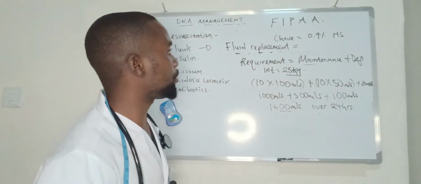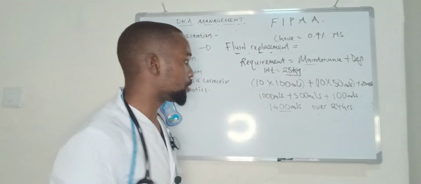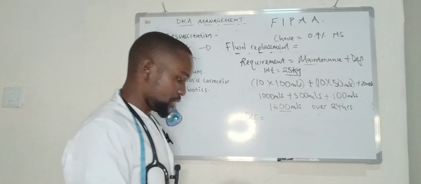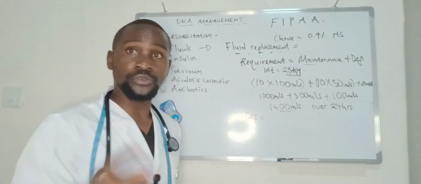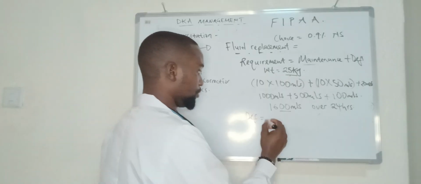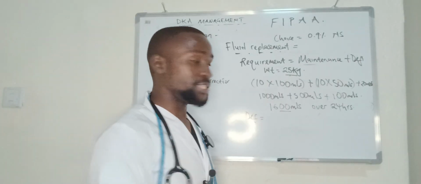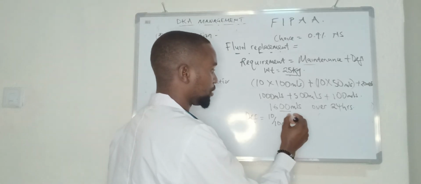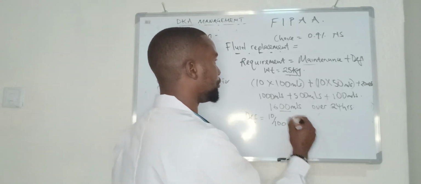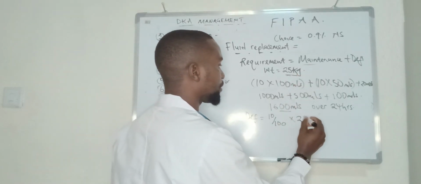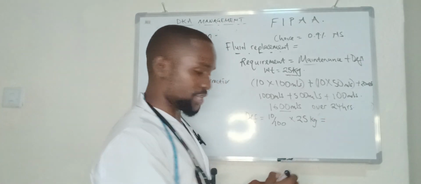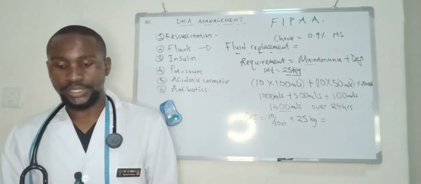But what is the deficit? Because the formula is maintenance plus deficit. For deficit, we say percentage dehydration, which we've said is 10%. Because it's a percentage, 10% is as good as saying 10 over 100. Then we multiply by the body weight, which is 25 kgs.